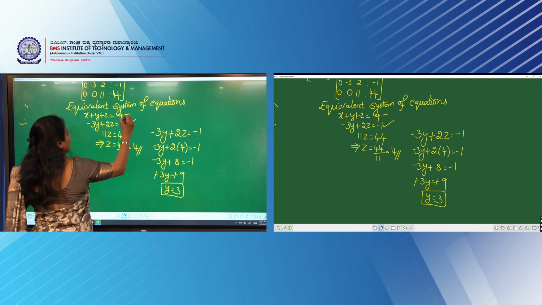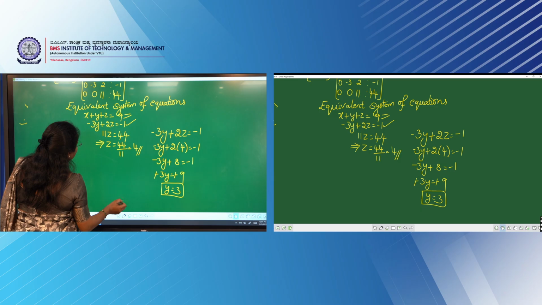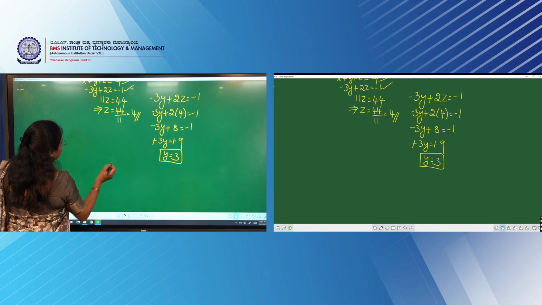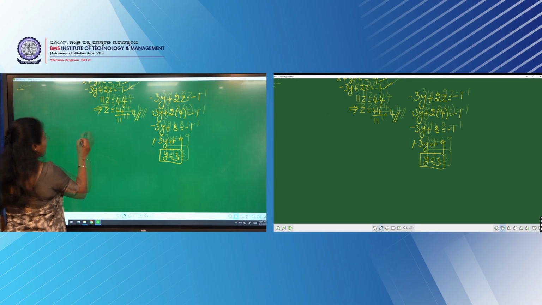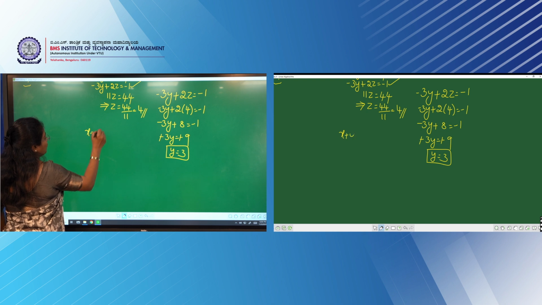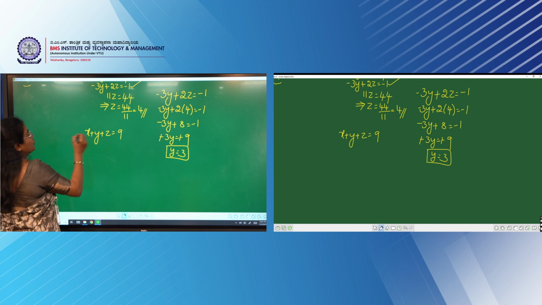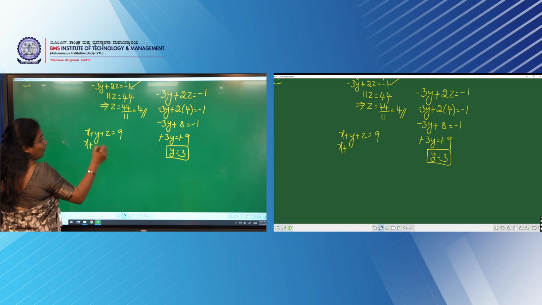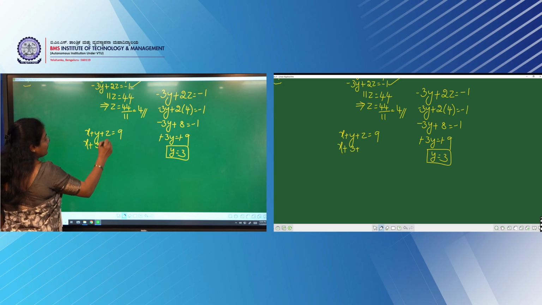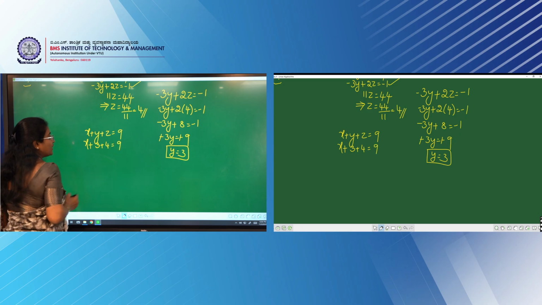Then take this equation. So what is the equation? x plus y plus z is equal to 9. You don't know x, you know y and z, so x plus 3 plus 4 is equal to 9.